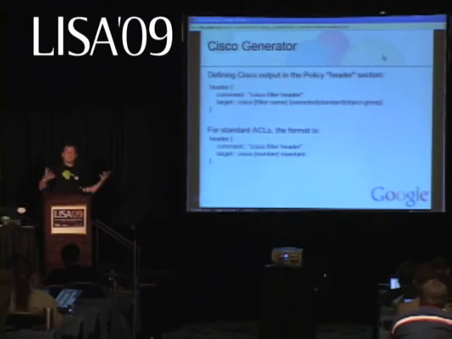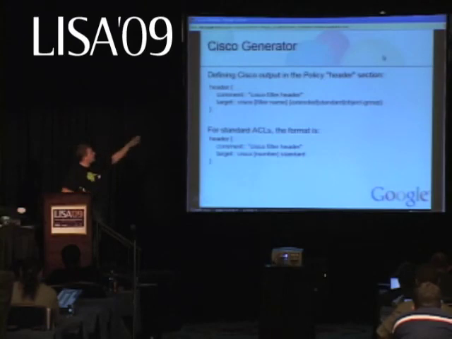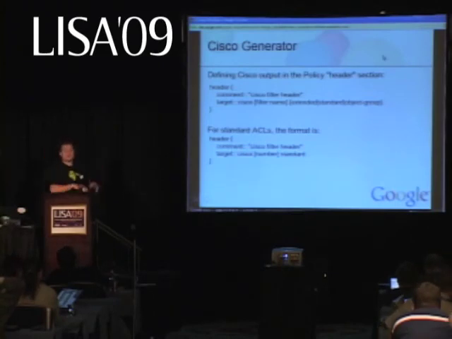So when you're writing a Cisco policy, using our little high-level language for security policies, how would you define a Cisco target? Well, basically, in your header section, you'd say header, some comment. Comments can be just one comment, colon, and whatever is in quotes. You can go 4 or 5 lines if you want, or you can put 4 or 5 comments, each one line, if you want to keep the formatting looking real pretty.